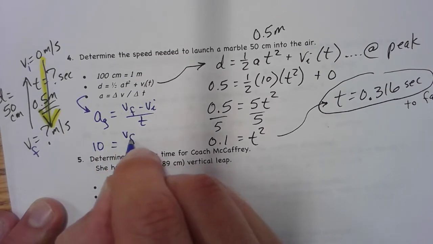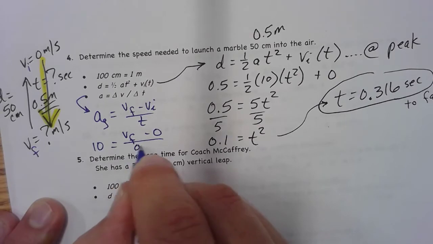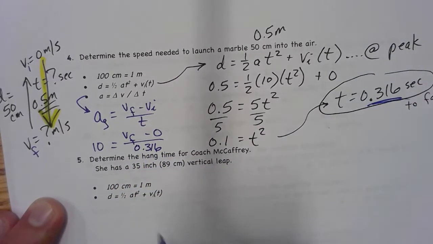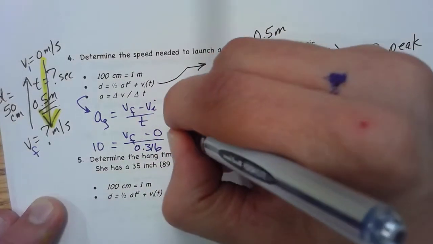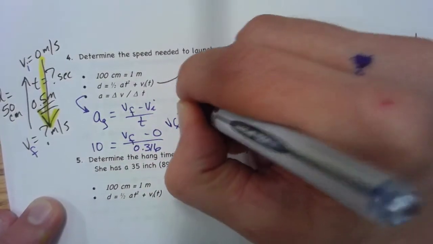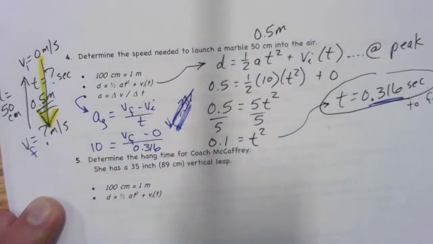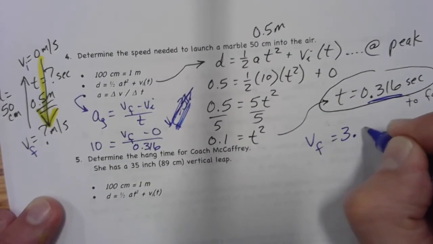We're solving for VF. Initial is 0. And the time we had. But the other shortcut, which I hope a lot of us remember, is just multiply that by 10.